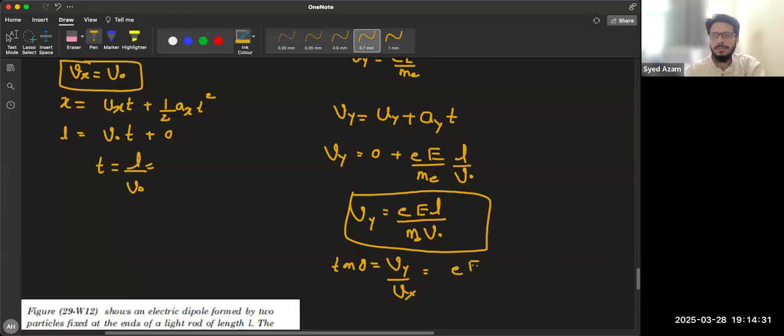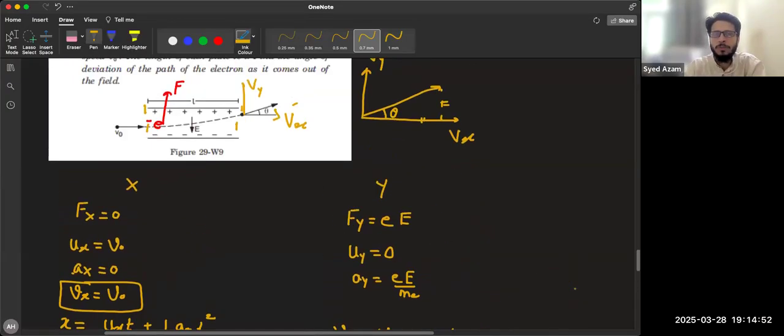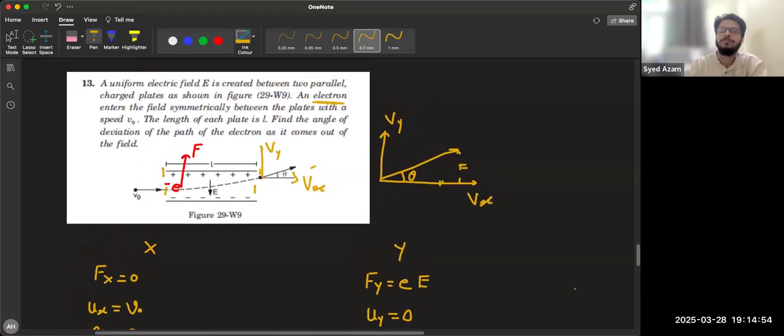Vy is eEL by mv0 and Vx is v0. So this is eEL by mv0 square, that's tan theta. So once you have tan theta, you can write theta as tan inverse of eEL by mv0 square. So that's a two-dimensional problem with the same concept. Note it down.